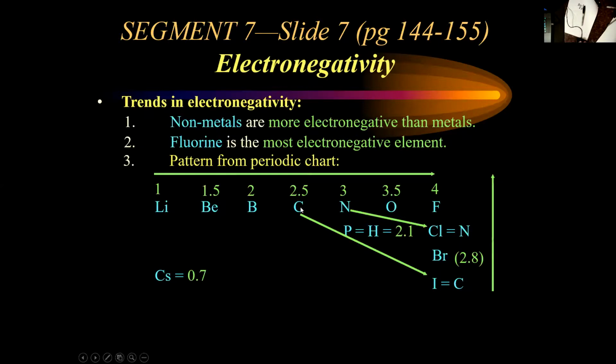Between carbon and beryllium, the difference is 1.0, with carbon being the more electronegative. So if I'm dealing with the first row, I'm good. It's dealing with these others that makes it hard.